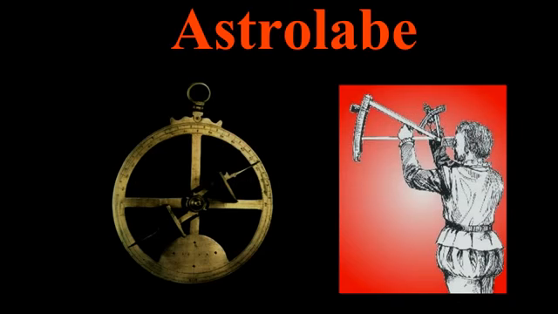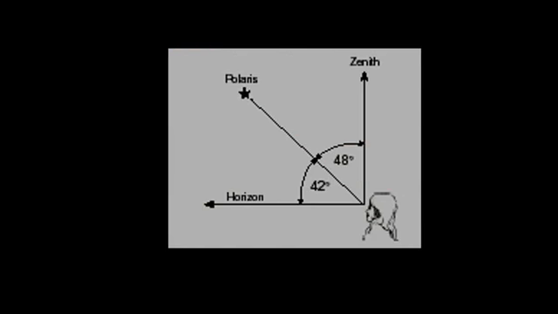Here's another picture of the astrolabe. You can tell from the picture that it was an old instrument, but still relevant today. This picture shows an observer at the horizon, and it shows the angle of Polaris from the horizon. This angle, 42 degrees, is your latitude. This piece of information right here tells you where this observer is standing.